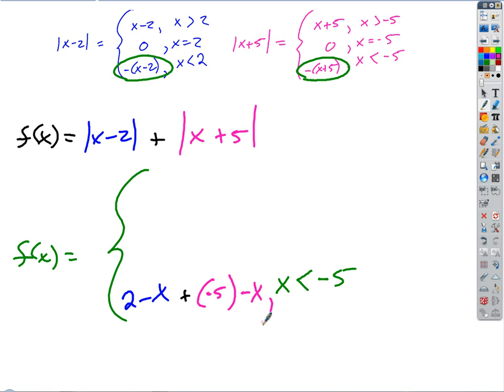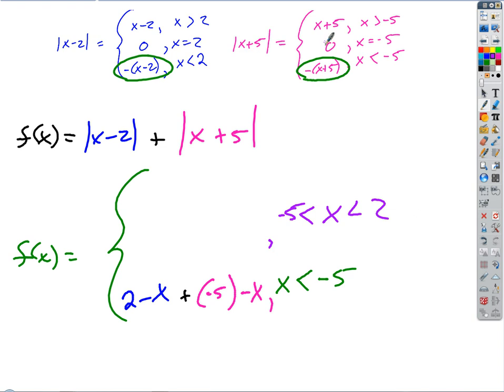Okay, so now we have another transition occurring at +2. So what about values that are in between those two, that are greater than -5 and less than 2? Because that would be the next logical place we'd have to look, isn't it? Right? Yeah. So if we pick values where x is greater than -5 and less than 2, now isn't that going to be what's occurring?